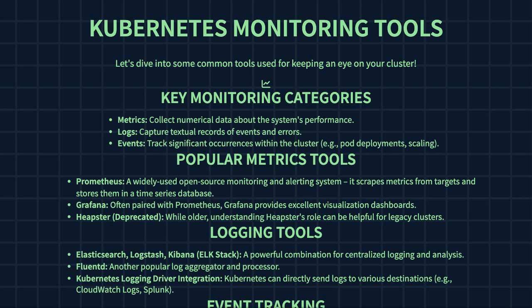Then there's logging, which is all about capturing text-based records of what's happening inside the cluster. The ELK stack, Elasticsearch, Logstash, Kibana, is a really popular choice here. And finally, we need to track important events like when pods are deployed or scaled, or if something goes wrong. Kubernetes audit logs and webhooks can help us capture these events.